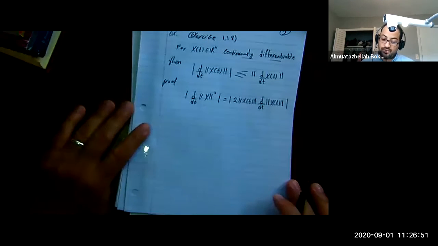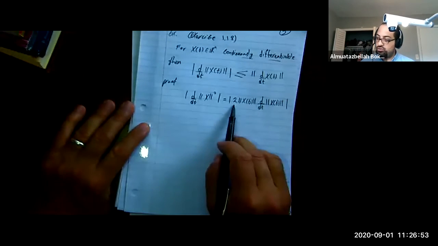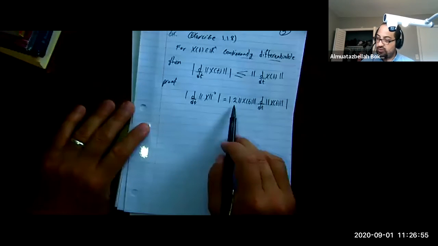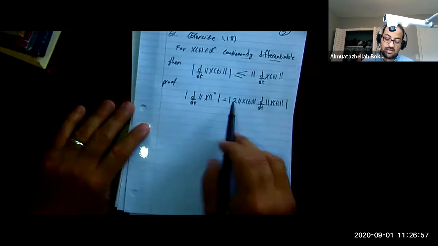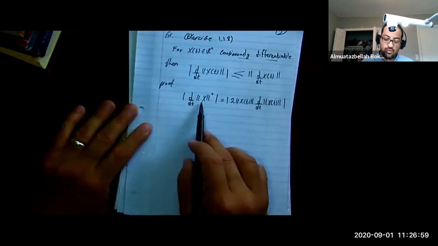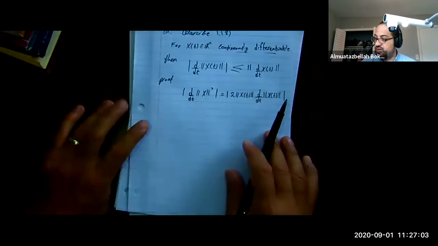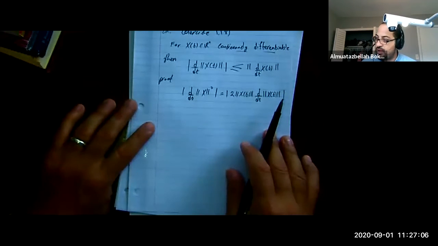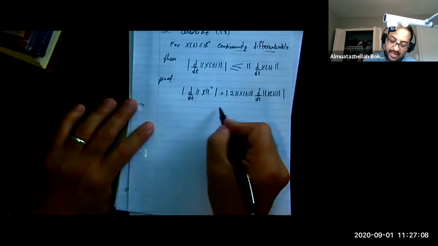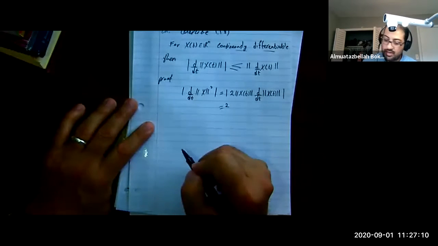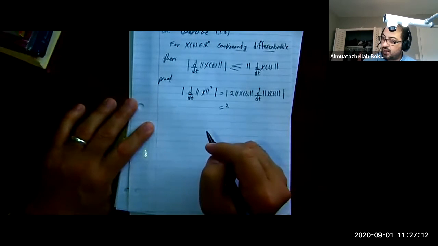And notice that I am able to do this, right? Why am I able to do this? Because the norm is a scalar. Whenever we take the norm or the magnitude of anything, we are talking about a scalar entity here. Okay, so now I can take the 2 outside and I can do this.